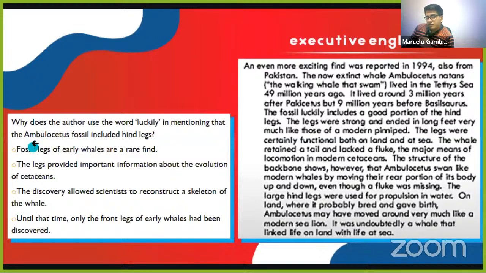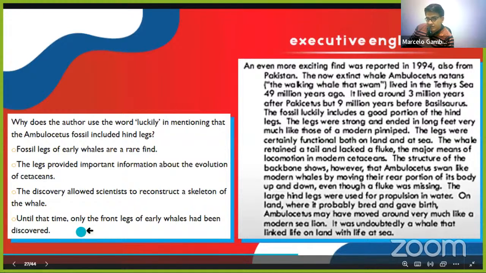Okay, fossil legs of early whales are very fine. No, that's not the case. It doesn't say that. It's B. The discovery allows scientists to reconstruct the skeleton of a whale. It doesn't say that again, so it's not C. Until that time, only front legs of early whales had been discovered. Again, doesn't mention that exactly.